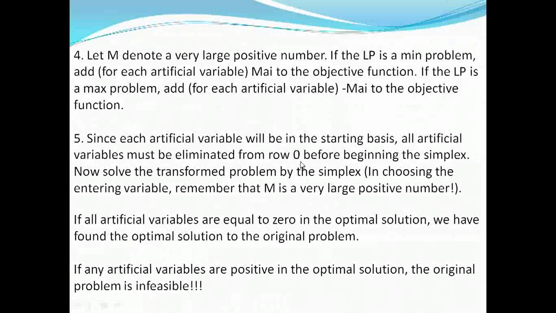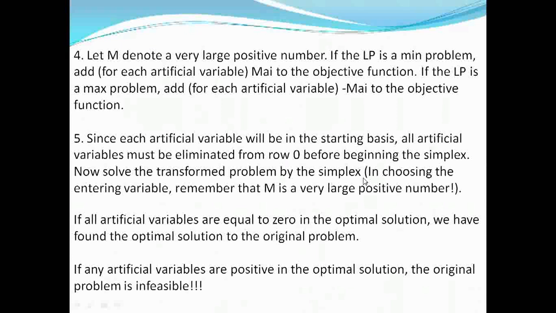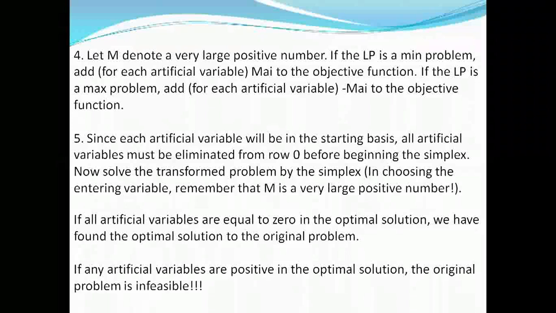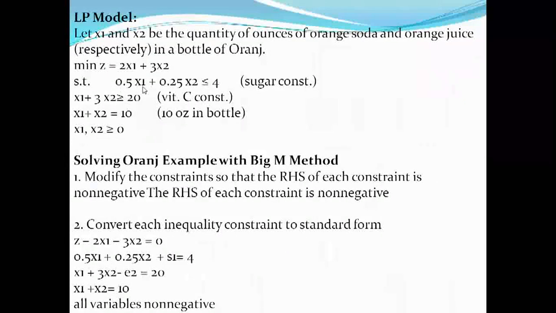After this elimination, we can transform the problem to the simplex by choosing a number that needs to be added with respect to M, that is a very large positive number. In step 4, it is very clear that we need to add the large positive number, right? So upon simplifying that, this M value, and performing the actions wherever we have the mathematical representations, just like we have seen here, 0.5 into x1.